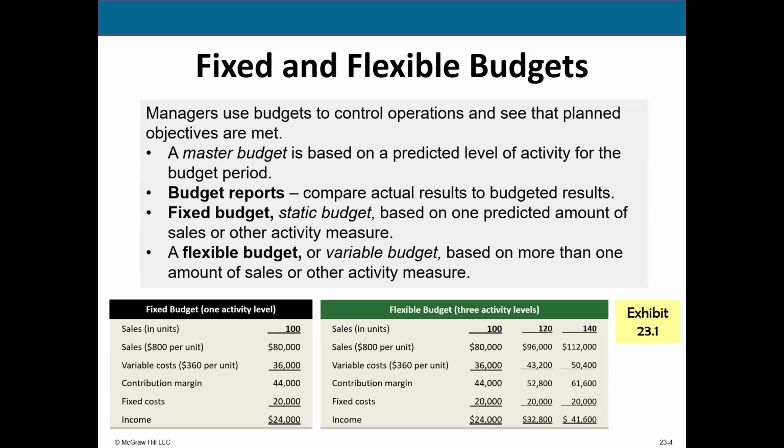So I prefer flexible budgets, and I think most companies do as well for that reason. It allows us to produce more or less and be close to the actual results. That level of closeness helps us as managers to be better when it comes to analyzing the reason why the differences or variances have occurred in the first place.